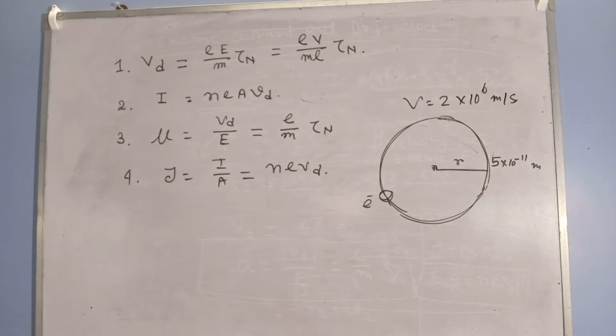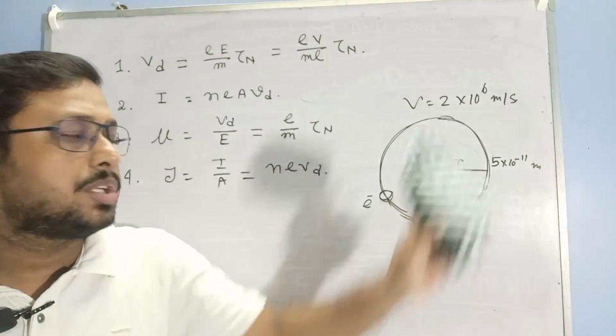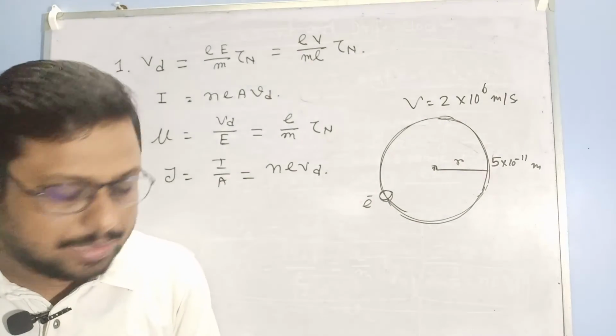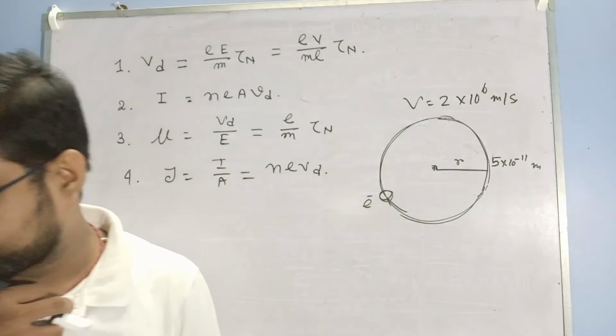The question is: in a hydrogen atom an electron moves in an orbit of radius 5 into 10 to the power minus 11 meter with a velocity 2 into 10 to the power 6 meter per second. Then what current will be produced?